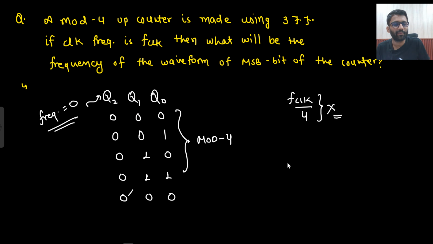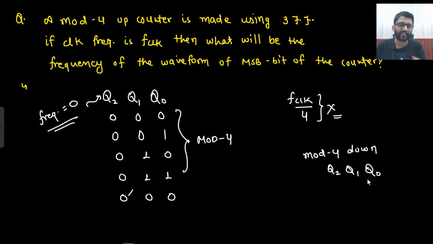If I had said I am designing a mode 4 down counter, a mode 4 down counter using 3 flip-flops, and the initial condition is all are set: 1 1 1, 1 1 0, then 1 0 1, then again 1 0 0, then again 1 1 1.